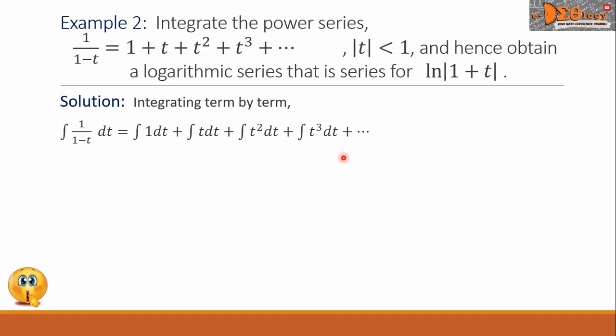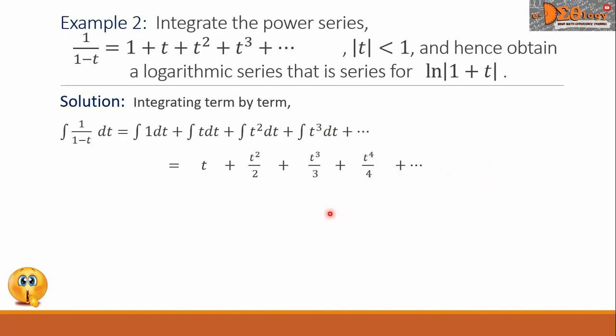Simplifying each of the terms, we have t plus t squared over 2 plus t cubed over 3 plus t to the 4 over 4 plus and so on.